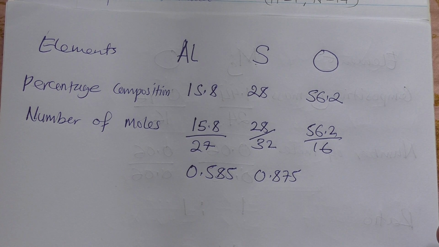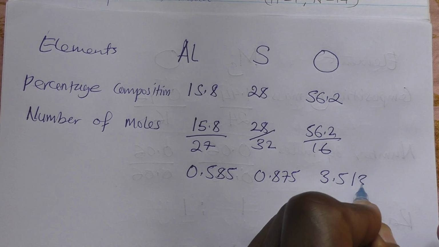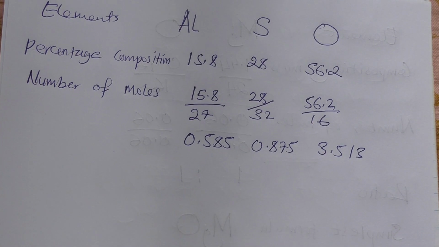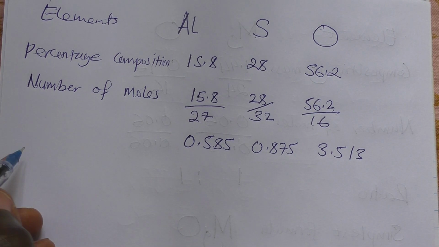Then 56.2 divided by 16 gives us 3.513. And now we divide by the smallest to get the ratio.